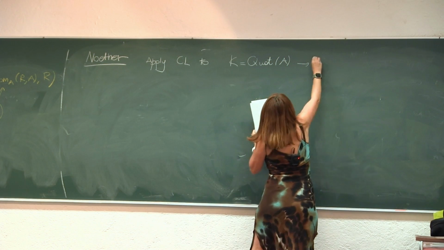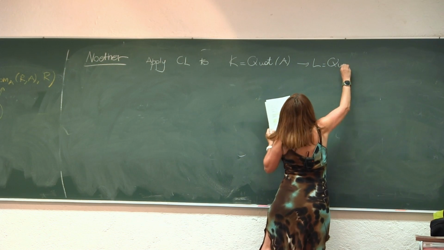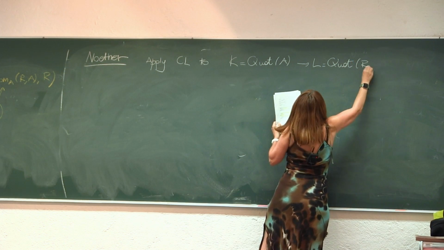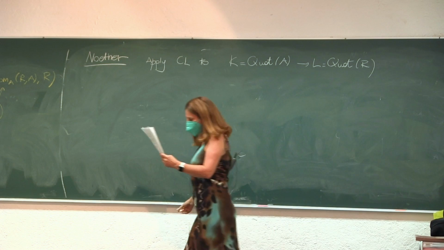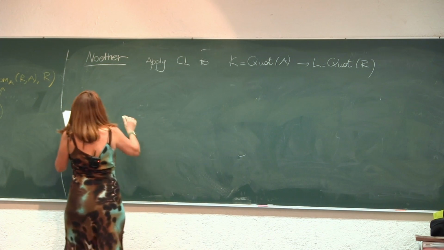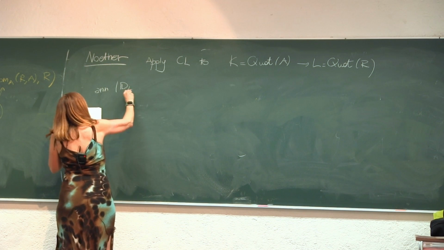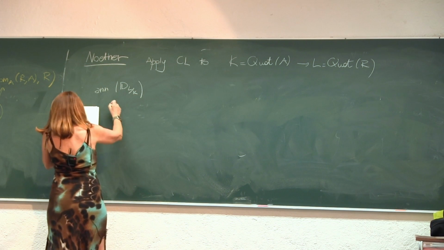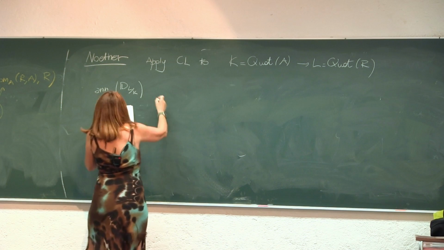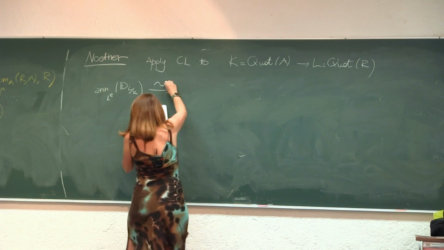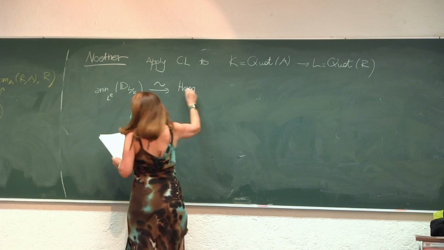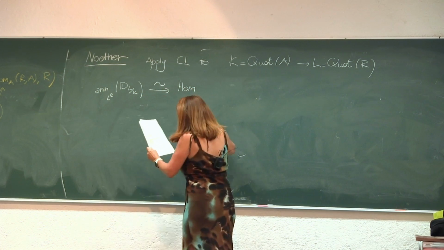Okay, the proof works this way. So you apply the crucial lemma to K, which is the quotient of A, which goes to L, which is the quotient of R. Remember, K is contained in L. And we get this diagram.